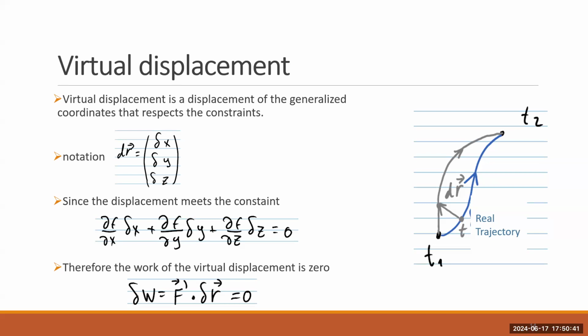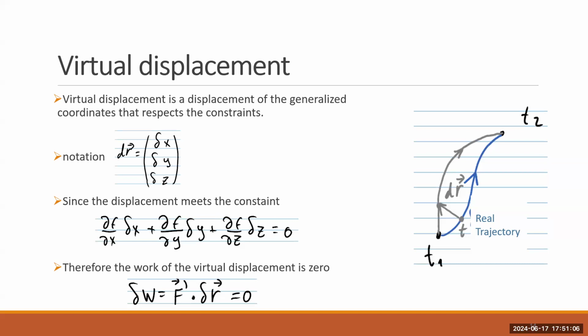Therefore, when we talk about the work, the virtual work that is done along a virtual displacement that meets the constraints is F dot delta r. Delta r is the virtual displacement, and this must be zero.